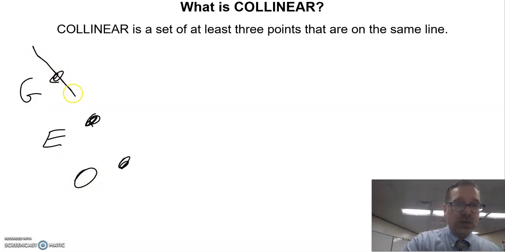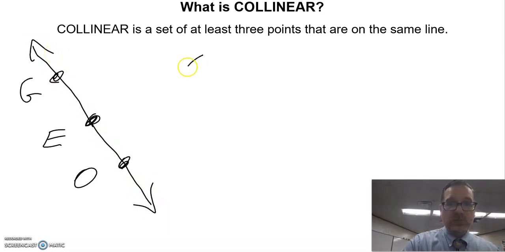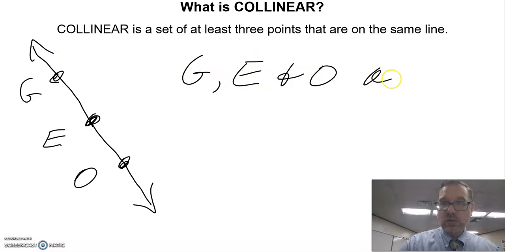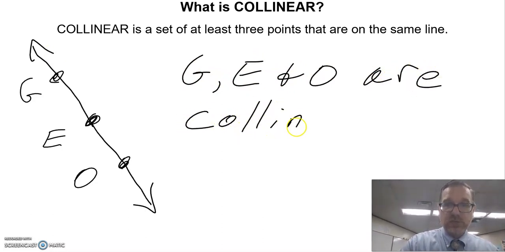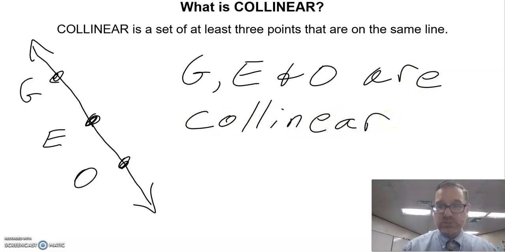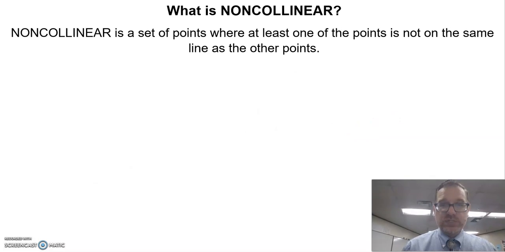These points are all collinear because I can connect them with one line. So G, E, and O are collinear because all of them are on the same line. Points on the same line are collinear. Points not on the same line are non-collinear, non being not.